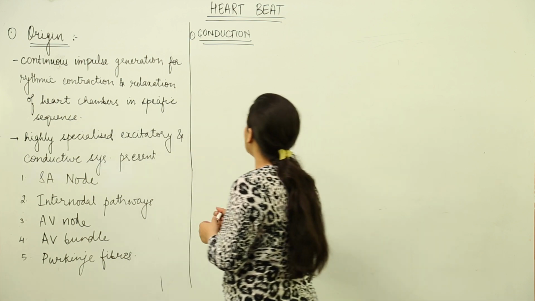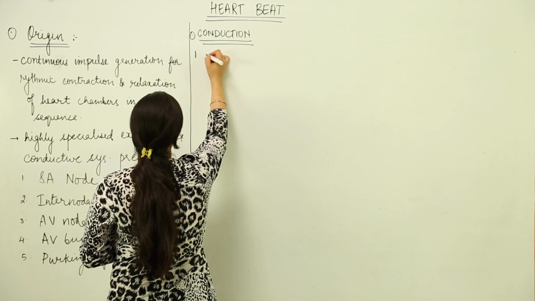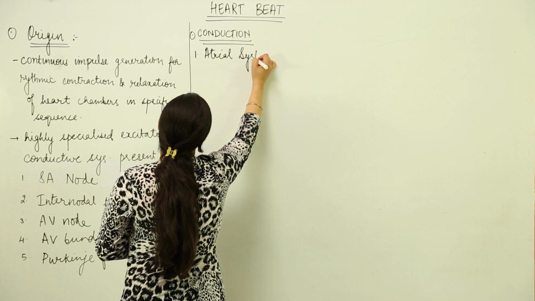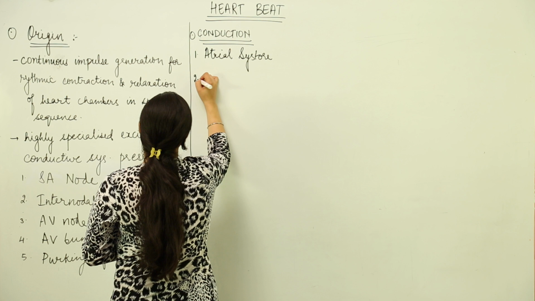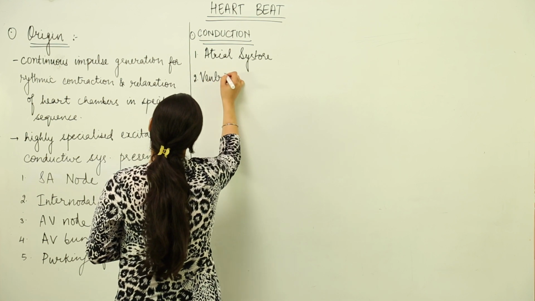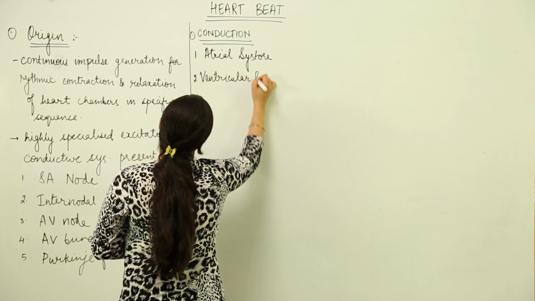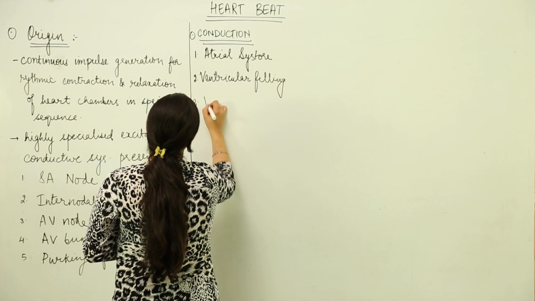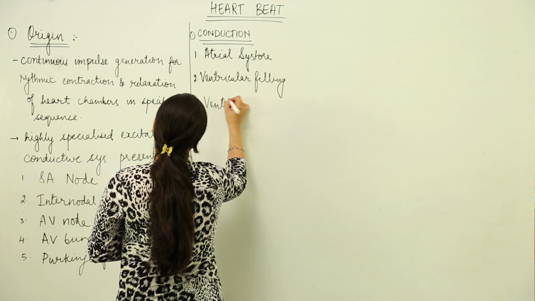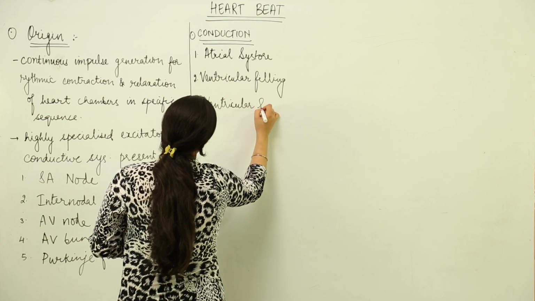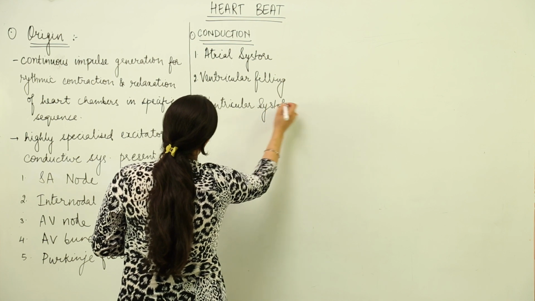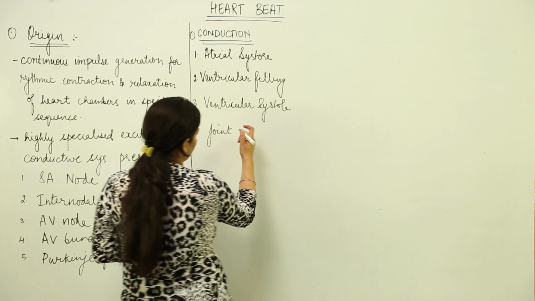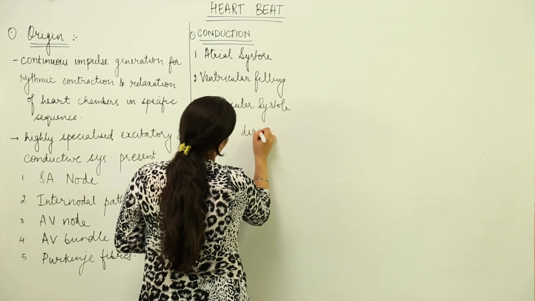In the conduction we study that the first step is atrial systole, second is ventricular filling, third is ventricular systole, and last one is joint diastole, or we would call it ventricular diastole.